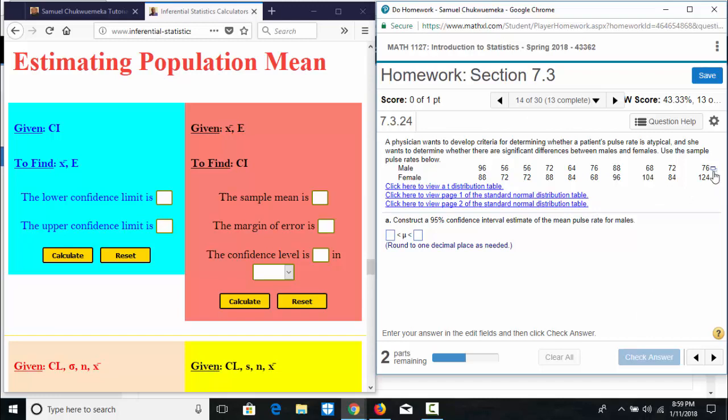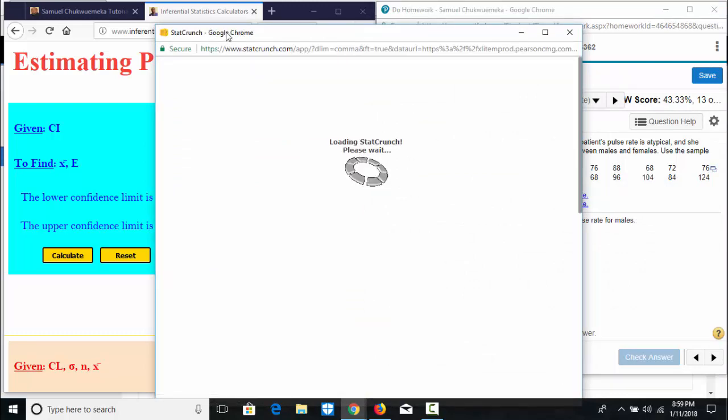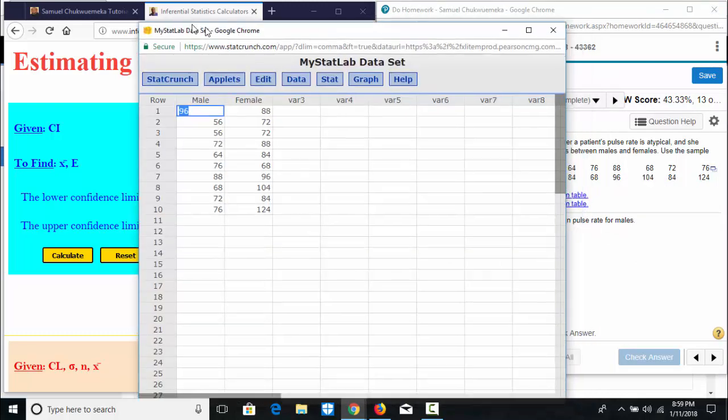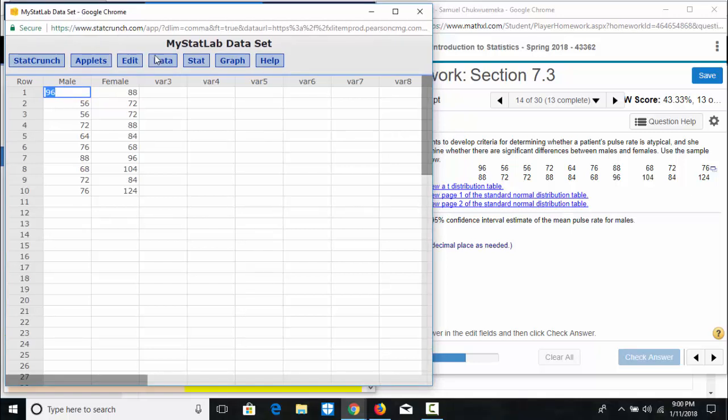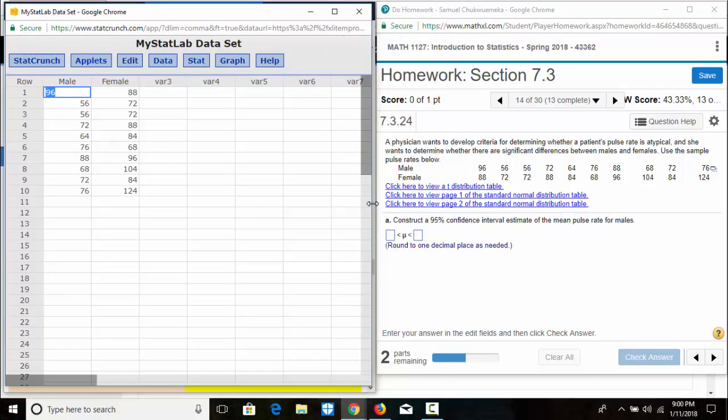So I click here, open in Statcrunch. I prefer to use Statcrunch here. We are comparing two different data. It's better to use Statcrunch. They did not give us the population standard deviation, so we'll use t-stats.